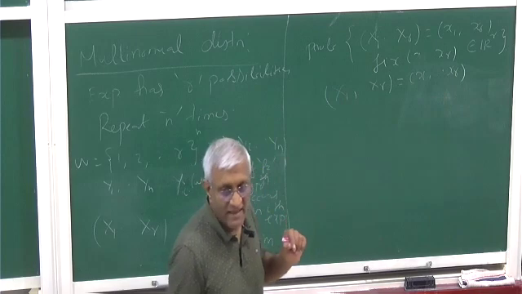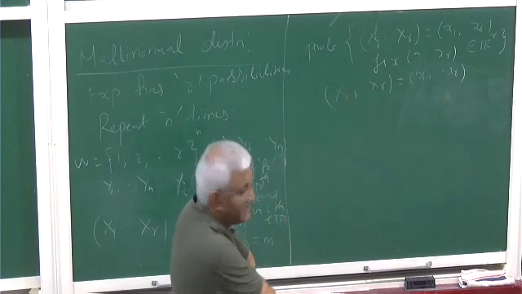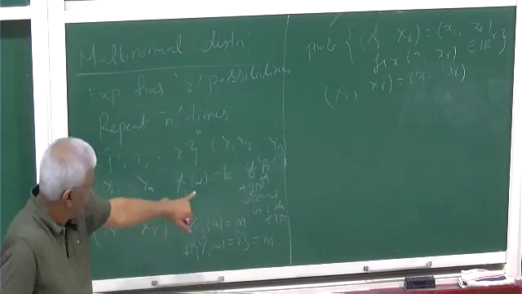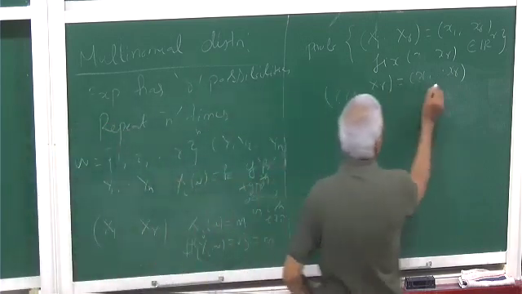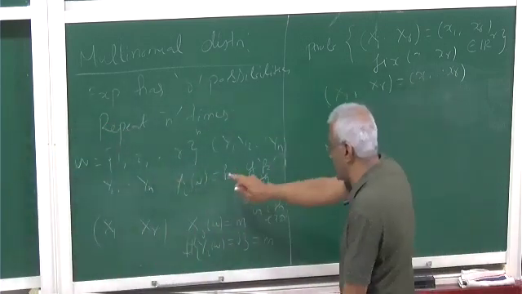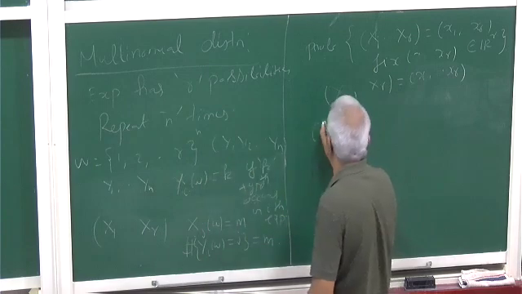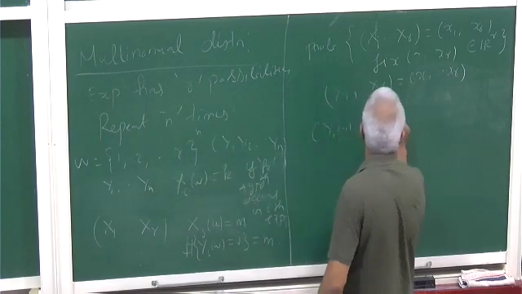No, xj is the number. If this is equal to this, then you fix a particular pattern: y1 omega up to yn omega.